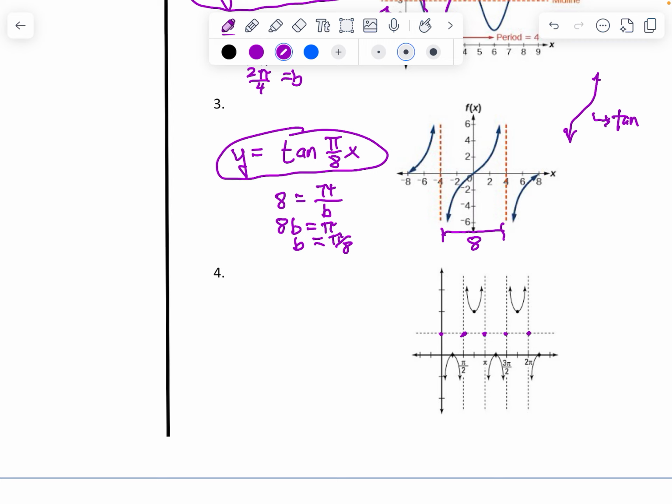So I'm going to mark those points where it crosses the midline. And then the graph, dealing reciprocally, will meet the sine or cosine graph at its minimums and maximums. So this graph looks like an upside down sine.